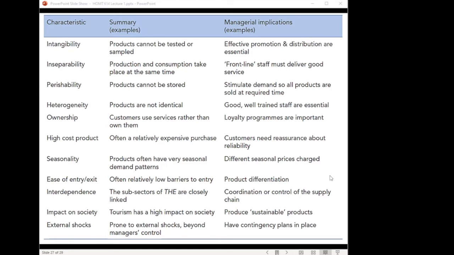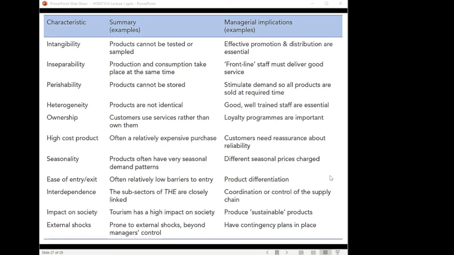With regard to the ease of entry and exit, all that institutions in this sector can do is to differentiate themselves and set themselves apart. So that regardless of the number of institutions or organizations that are in the sector at any period of time, you can make sure that your institution stands out from the lot and is always the preferred choice among tourists.